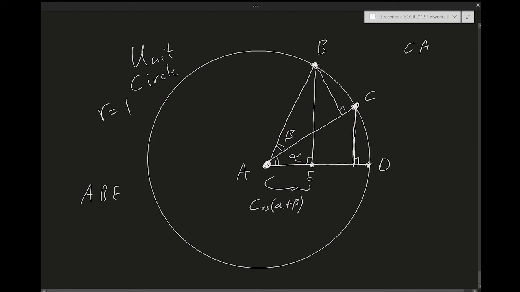So this is 90 degrees. Right? I don't need to do this line actually from C to AD. From C to AD, I don't need to do that.